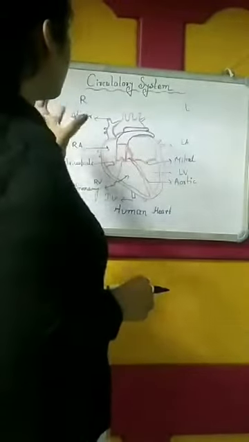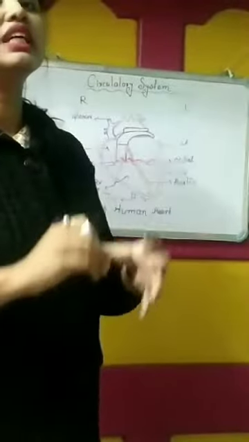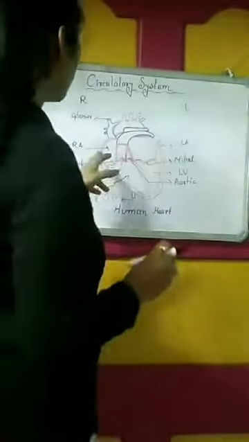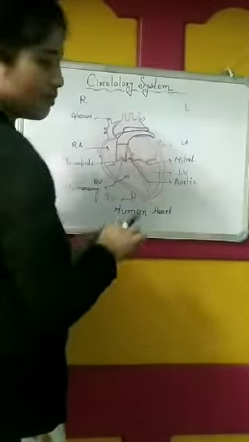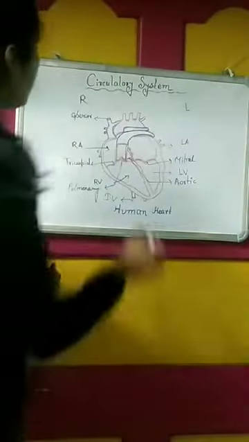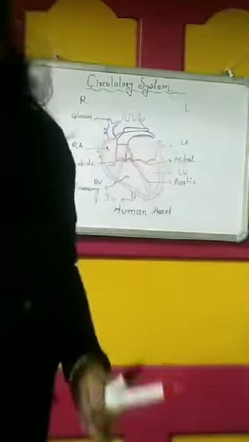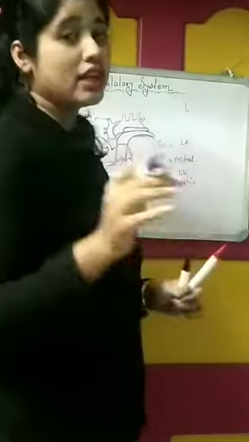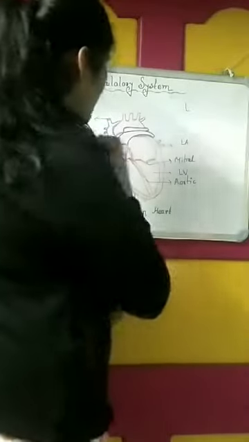First, the superior and inferior vena cava help to bring the deoxygenated blood to the right atrium. This is the blue part. It is blue in color because it is deoxygenated blood inside the right atrium.